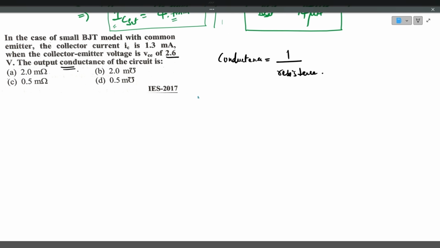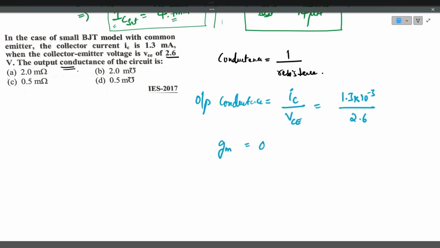So here the output conductance for a common emitter transistor is output current, that is collector current, divided by output voltage, that is VCE. So substituting those values, 1.3 milliamperes divided by 2.6 volts, you will get output conductance 0.5 millimhos. So the answer is option D.